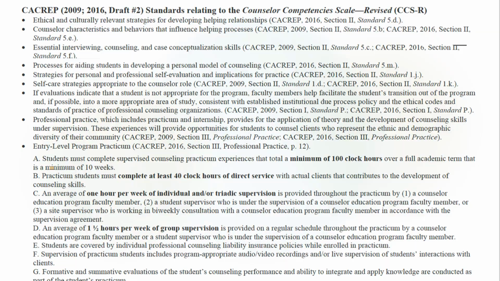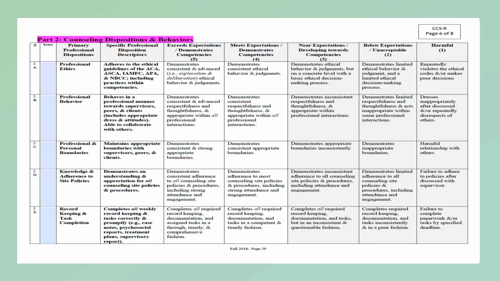Okay, so let's get into what the dispositions are specifically. Professional ethics: adheres to the ethical guidelines of the ACA, ASCA, IAMFC, APA, and NBCC, including practices within competencies. Okay, so how does this look in professional dispositions?